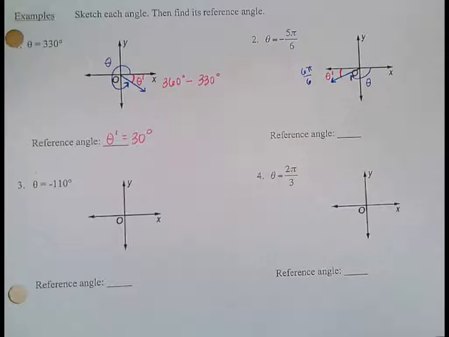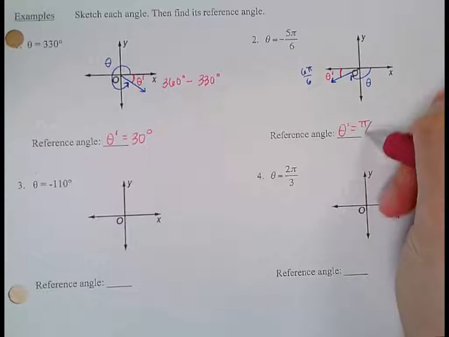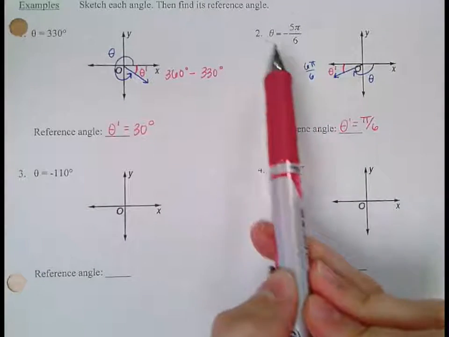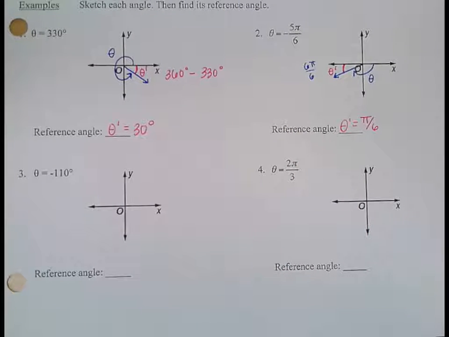What angle? Okay, I heard you whisper something. 30 degrees in radians, it would be? Yes. So theta prime is going to be pi over 6. And if you are given an angle in radian measure, you should give the reference angle in radians as well.